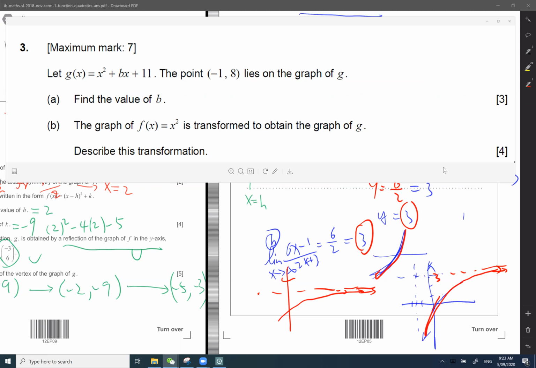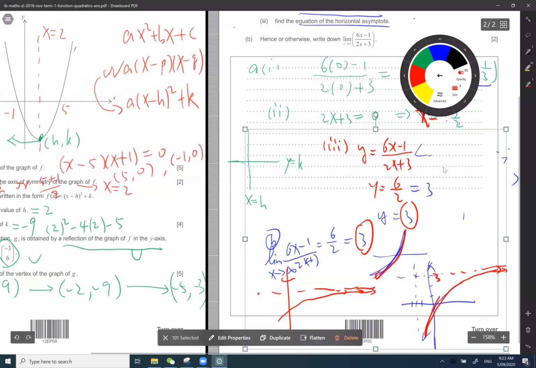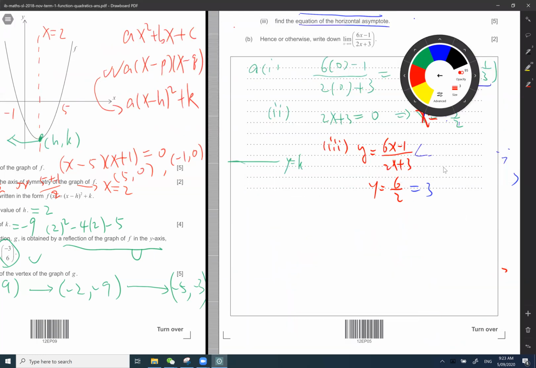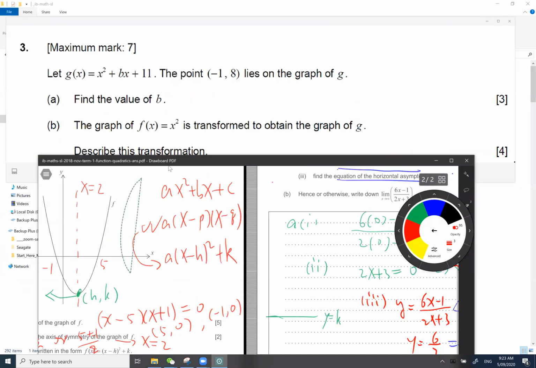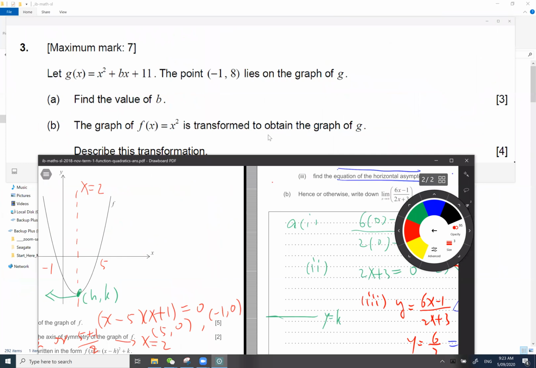After you try the substitution here, B just equals 4, because 8 equals 1 minus B plus 1, so B equals 4.